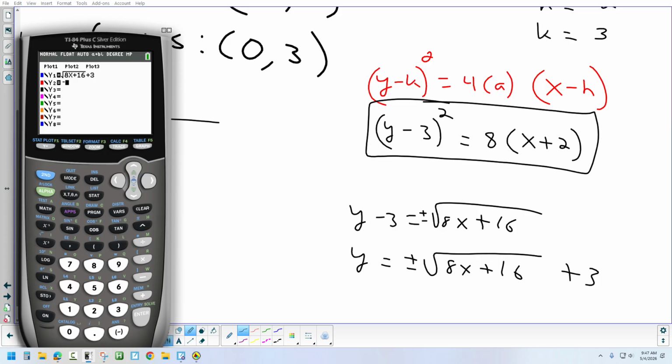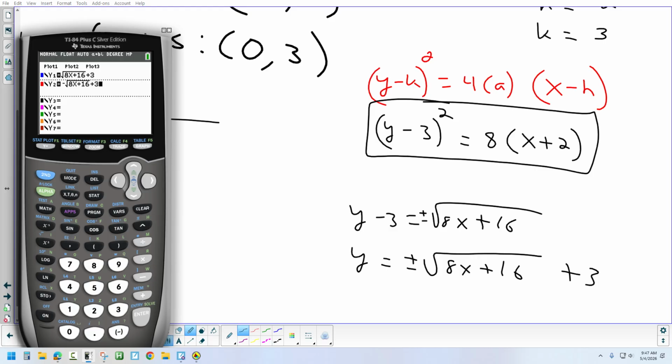And then I'm just going to do it like this. It's just faster for me to type. No, I can't do that because then it would do a negative 3 on the end. So much for my shortcut. So it's the square root of 8x plus 16, but the 3 is still positive.